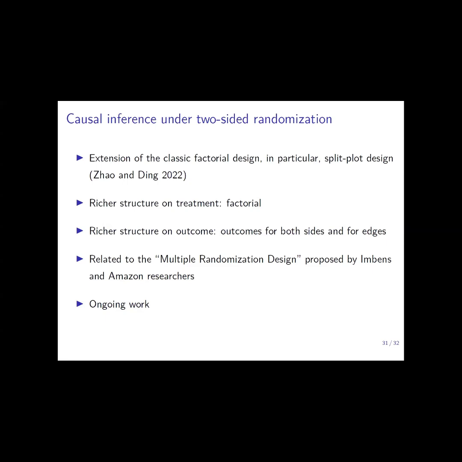It's an extension of factorial split plot, also bipartite. You can measure outcome on both sides, and also you can measure outcome on the edge. So there are many parameters we can discuss. It's related to something called multiple randomization design proposed by Amazon people. They are thinking about randomization to buyers and sellers. You can have this randomization.